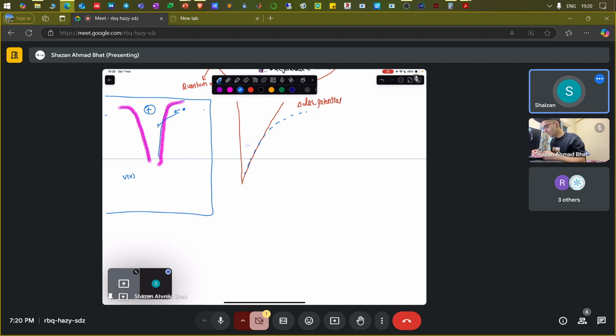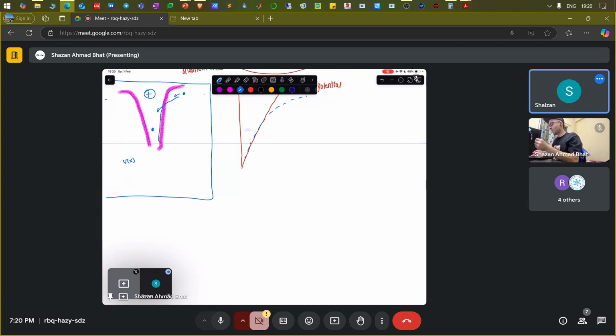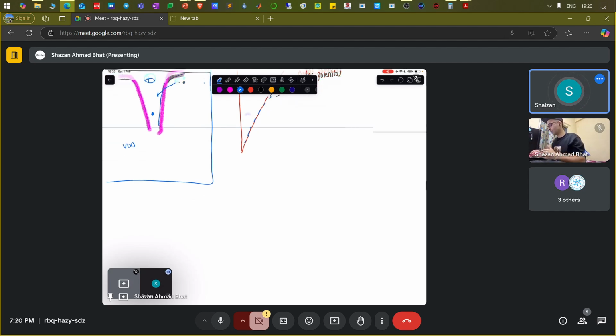That means if the electron comes inside this region, it can stay in this region. That is the simplistic example of a quantum well. It's not a realistic quantum well, but it's just like an atom, a potential for an electron. So a quantum well is basically a huge potential for an electron to stay. It cannot escape from that well. That's why it's called a well, because it traps the electrons.